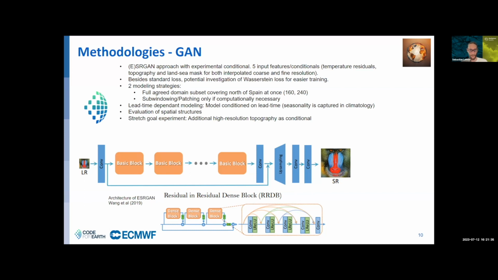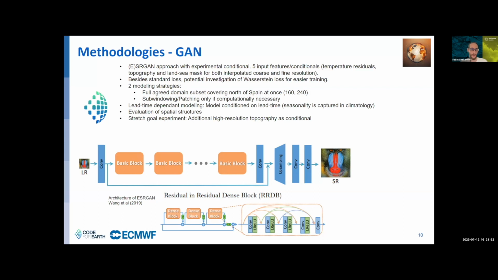Yeah, and what we want to play around with in terms of the conditional is that you can use different input features, input images, like you would normally expect an input feature to be.